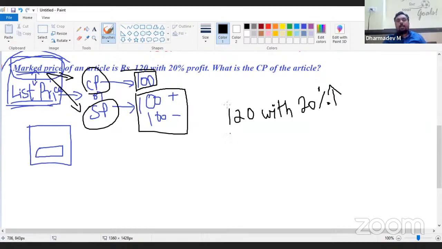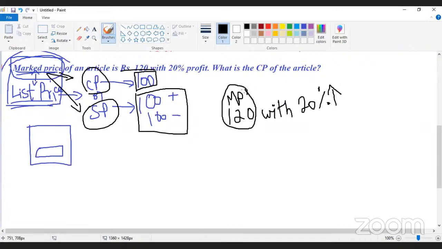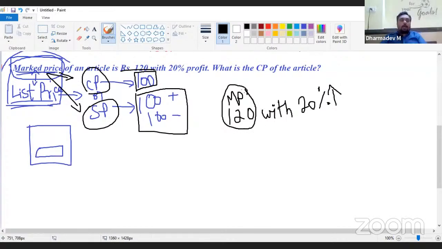Then that 120 mark price is how many percentage? It's not 120%, it's 100. It's 120. Yes, correct. That's good.